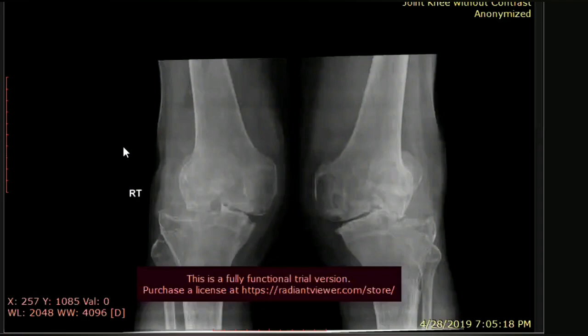We all know that arthritis is described as bilateral, symmetrical, or unilateral, and by the type of joint involvement, density, and all those things. It's a huge topic so I cannot go into details, but I will just focus on this knee.